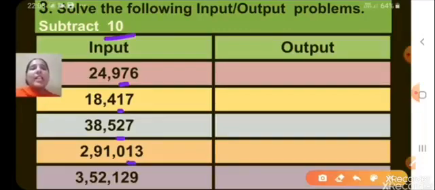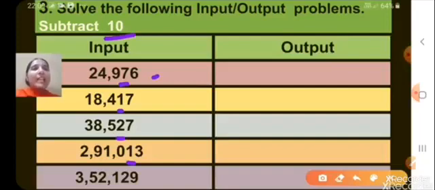Okay, so let's see the first number, that is 24,976. So just look at the digit at the tens place. And what is the digit at the tens place? Because you have to subtract 10, that's why we are looking at the digit at the tens place. It is 7. So we will subtract 1 from the digit at the tens place in each number.